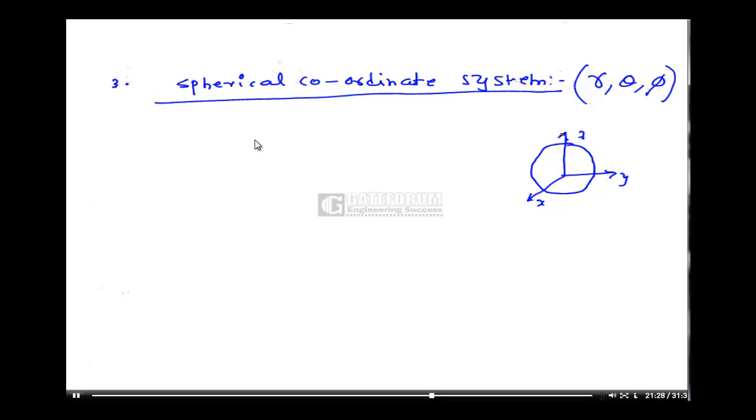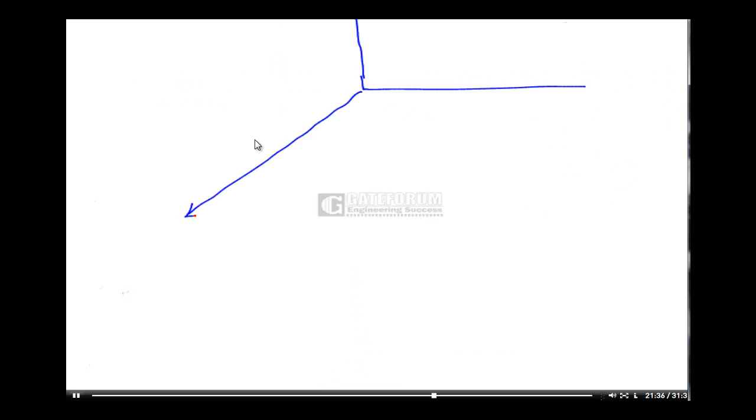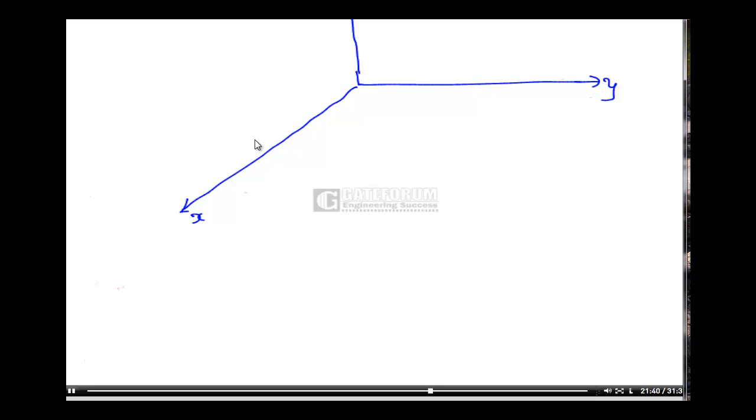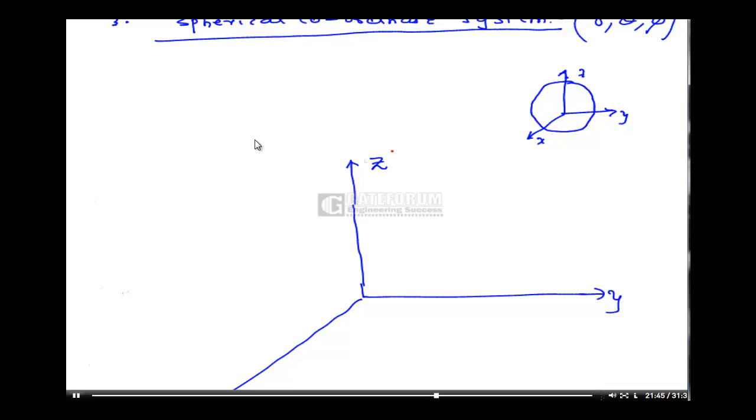Here we have r, theta, phi. The spherical surface, in front view, looks like this. Suppose this is x, y, z, a coordinate system. We can represent a point P on a spherical surface like this.